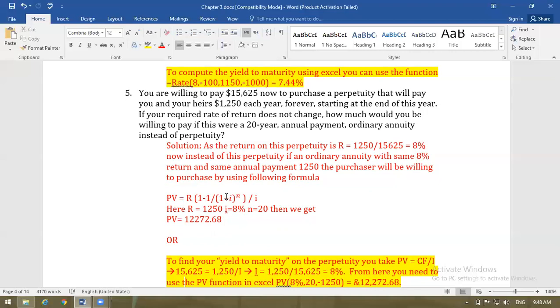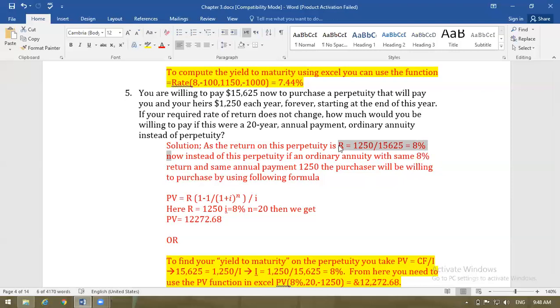Again, I am repeating the question. The question is asking, first, you want to purchase a perpetuity with a price of 15,625, and this perpetuity gives you 1250 return. So the rate of return will be 1250 divided by 15,625, which is equal to 8%.